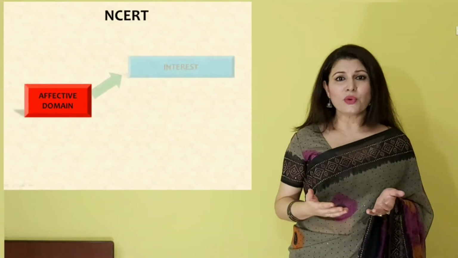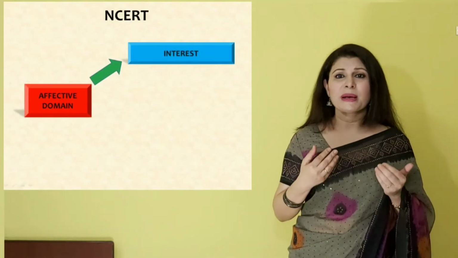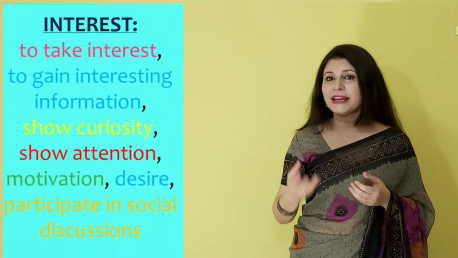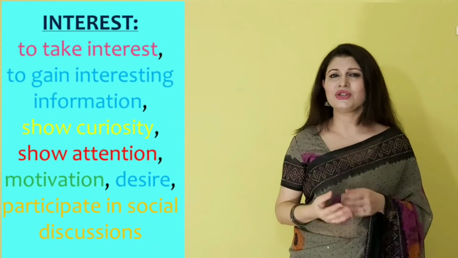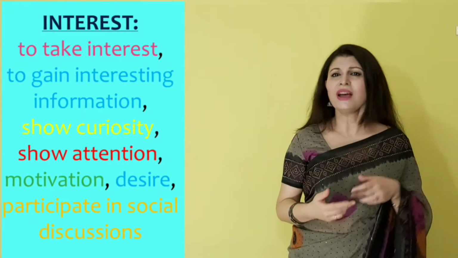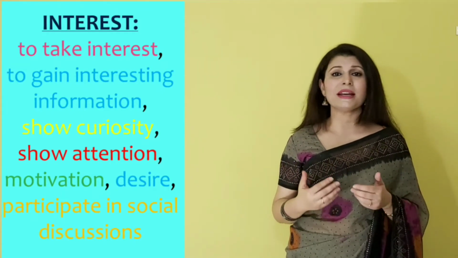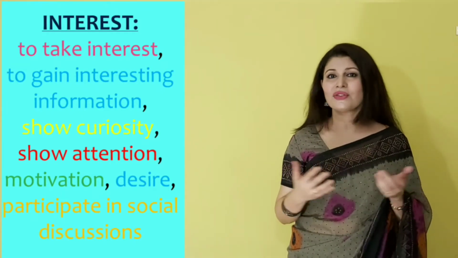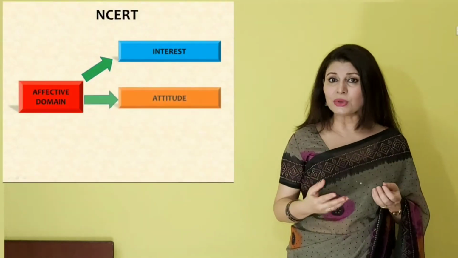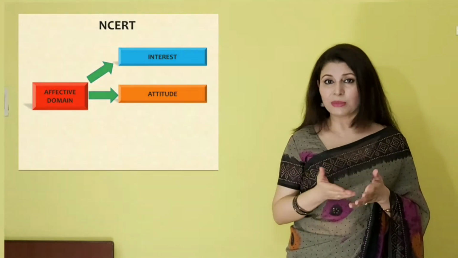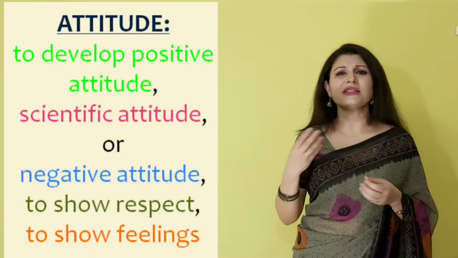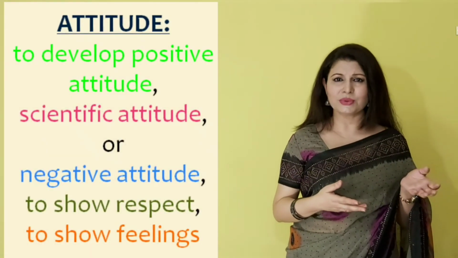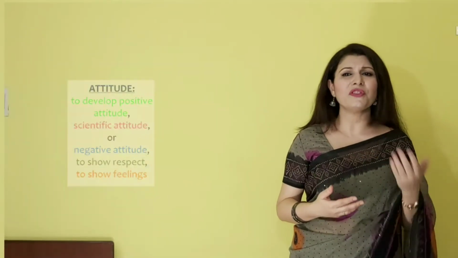In the affective domain, for interest, specifications such as to take interest, to gain interesting information, show curiosity, show attention, motivation, desire, and participate in social discussion, etc. can be used. For attitude, the following specifications can be used: to develop positive attitude, scientific attitude, or negative attitude, to show respect, to show feelings.